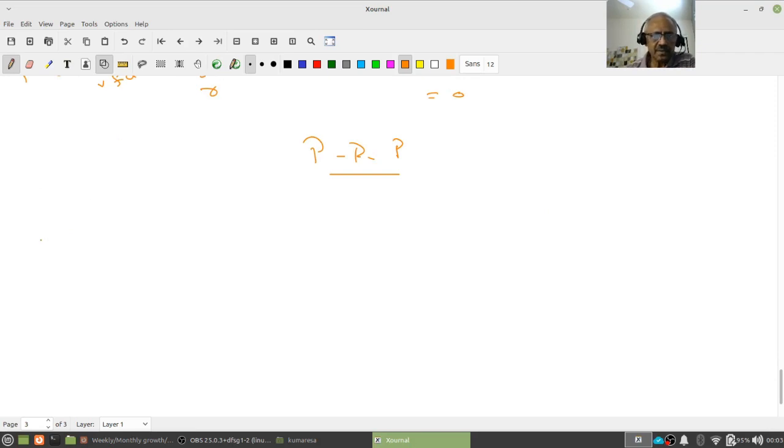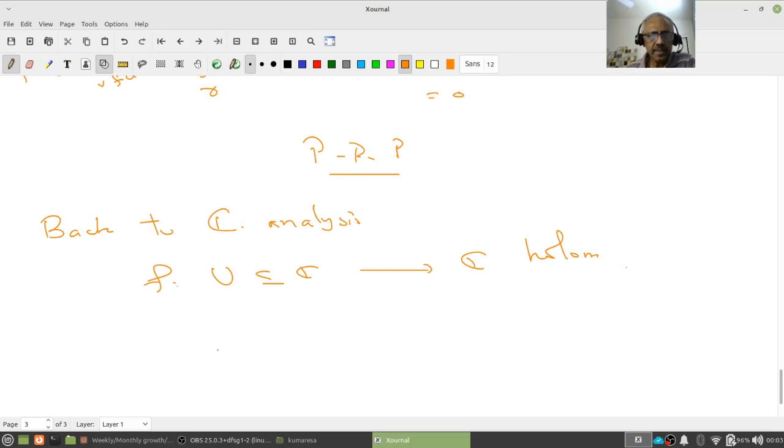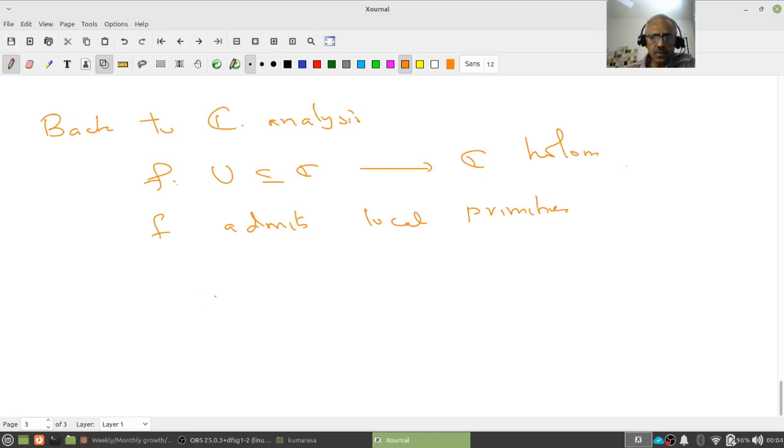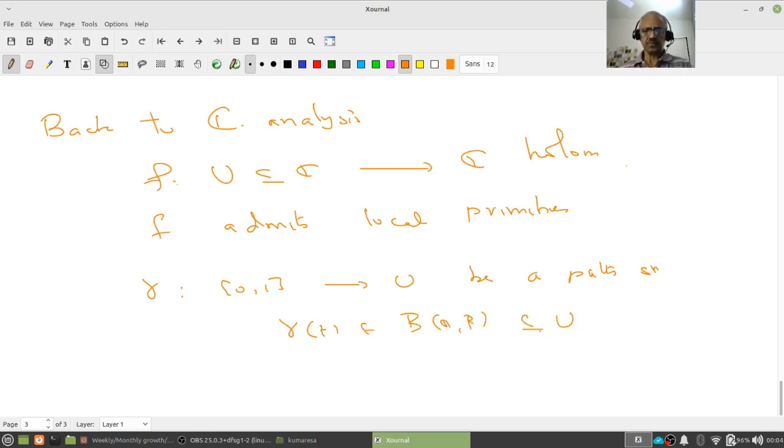Now come back to complex analysis. Suppose f from U to C is holomorphic. Then I know f admits a local primitive. Suppose therefore we let gamma be a path so that gamma of t lies in some ball B-bar which is completely contained in U. In fact, whatever I'm going to say would be enough for any convex set, but let's not worry about such things.